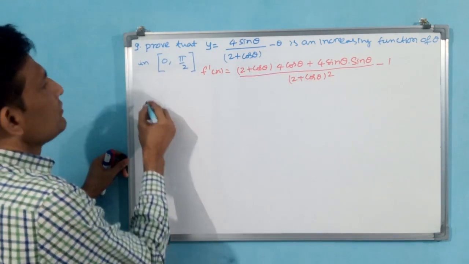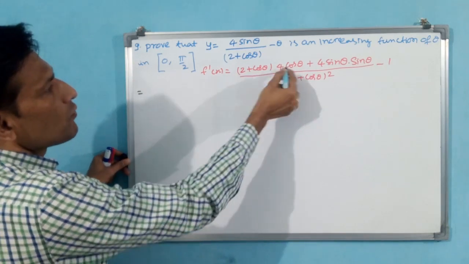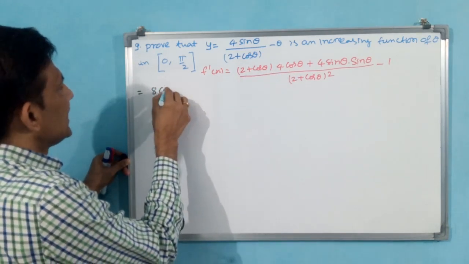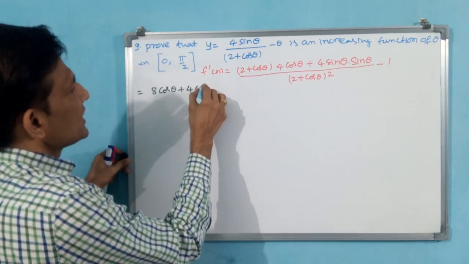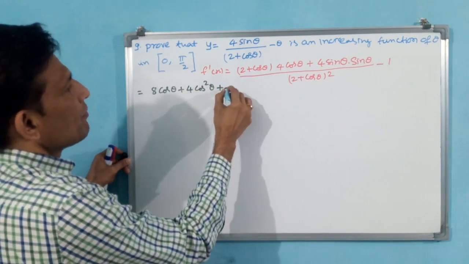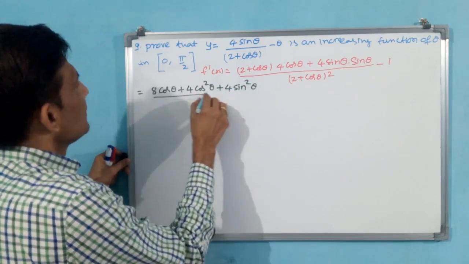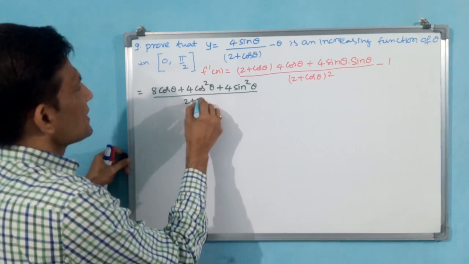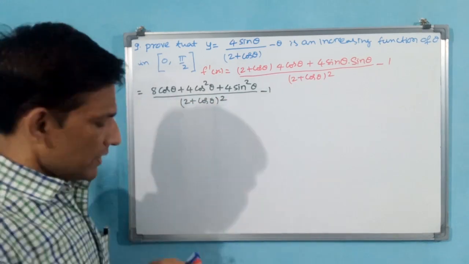Okay. Now to what we can say. Calculate 8 cos theta. Okay. Plus 4 cos square theta plus 4 sin square theta divided by 2 plus cos theta whole square minus 1. Okay.